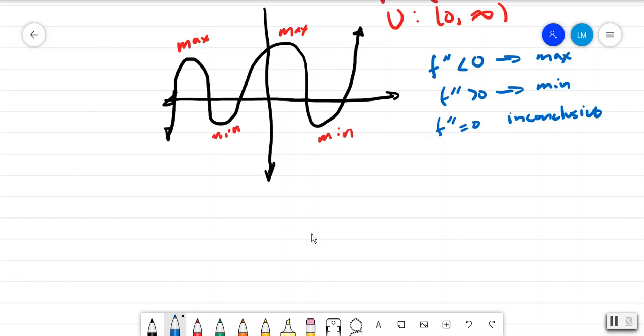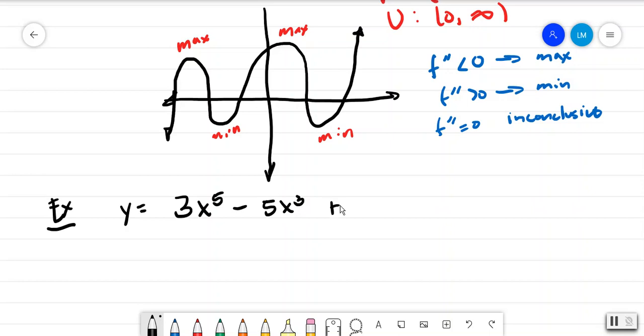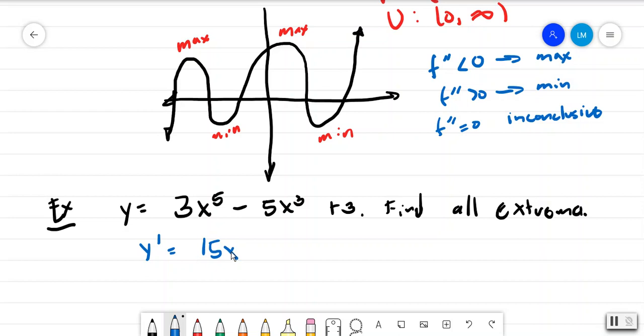So let's say that we have a function y equals 3x to the fifth power minus 5x cubed plus 3. We want to find all extrema, but let's use the second derivative. So y prime is equal to 15x to the fourth minus 15x squared.